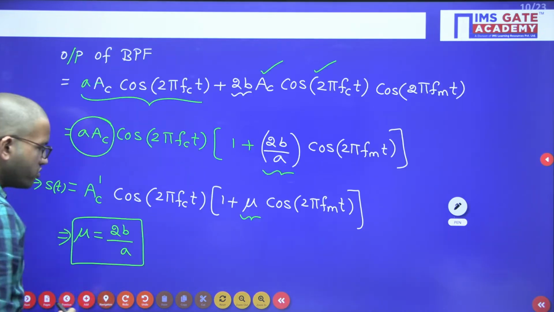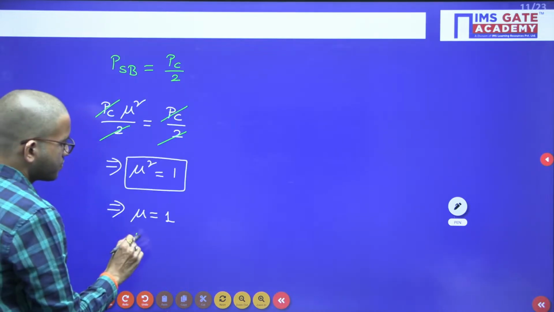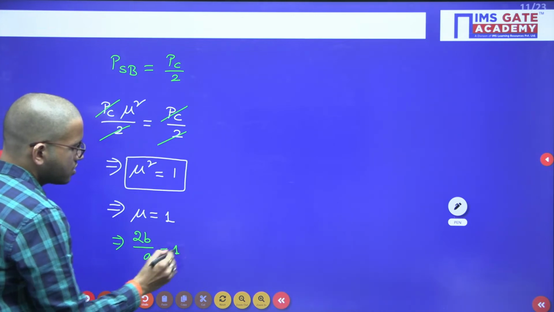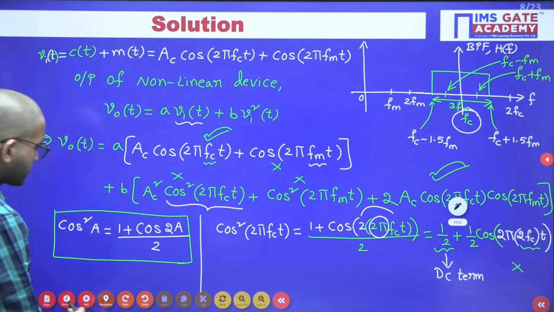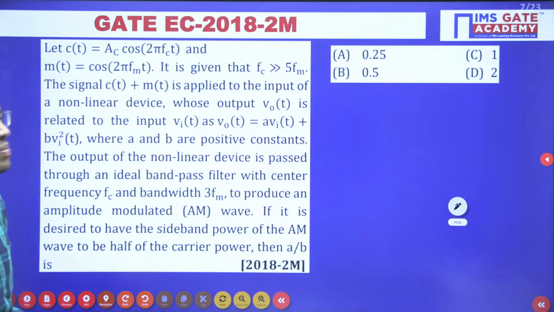So substitute mu value, just now you got 2b by a. 2b by a equal to 1. So with this understanding, all of you give the answer for this question. They are asking the ratio of a by b. Ratio of a by b they are asking.